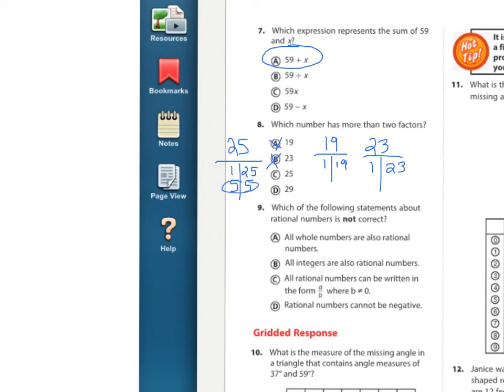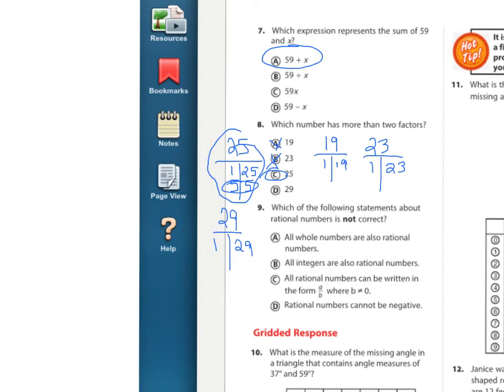So that one, this is the same number, so y'all actually have 3 factors on this one, and that one is more than 2. 29 is just 1 times 29. So if you didn't have 23 and you guys were using the flags to figure that out, once you found 25's factors and realized, oh, that one has 3, that's more than 2, that's your answer.